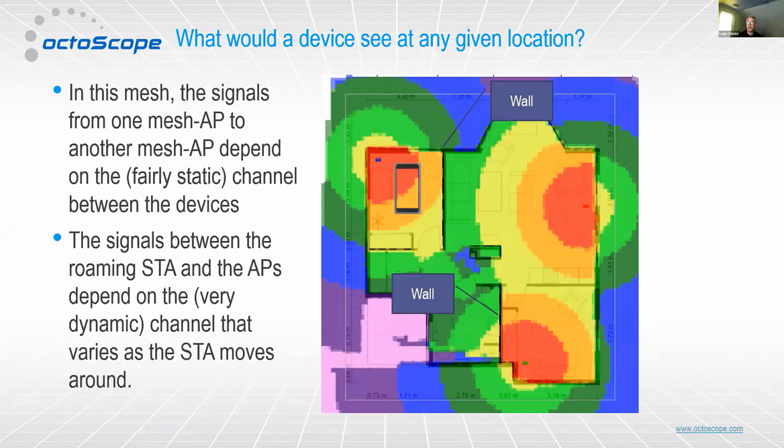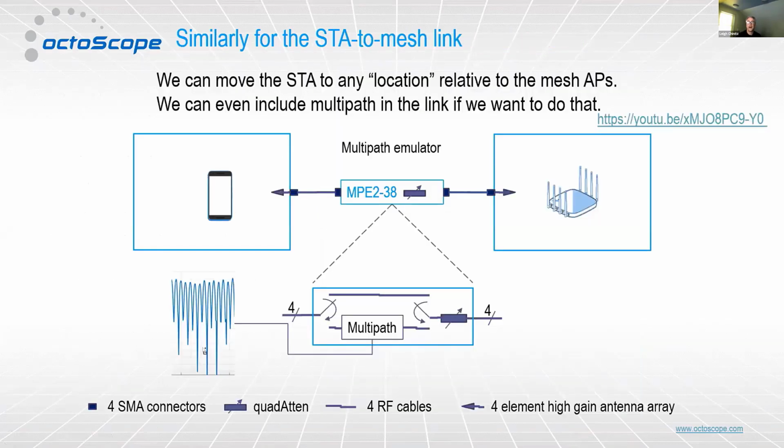But a user device, a station device, will move through the mesh, and at some point will be closer to one of the APs, then it'll move away, and then it'll be closer to another AP, and it'll move away and get closer to another AP. We can do the same exact thing that we just described, except in a more dynamic fashion, by changing multiple attenuators simultaneously and essentially creating motion automatically without actually moving anything.